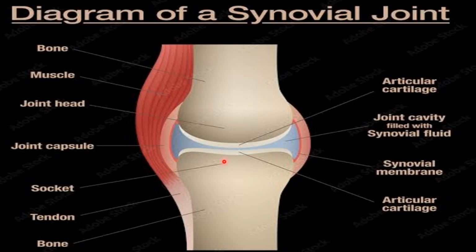Then you have the ligaments that hold the bones together in this union known as joint. These are the structures that arthritis attacks.